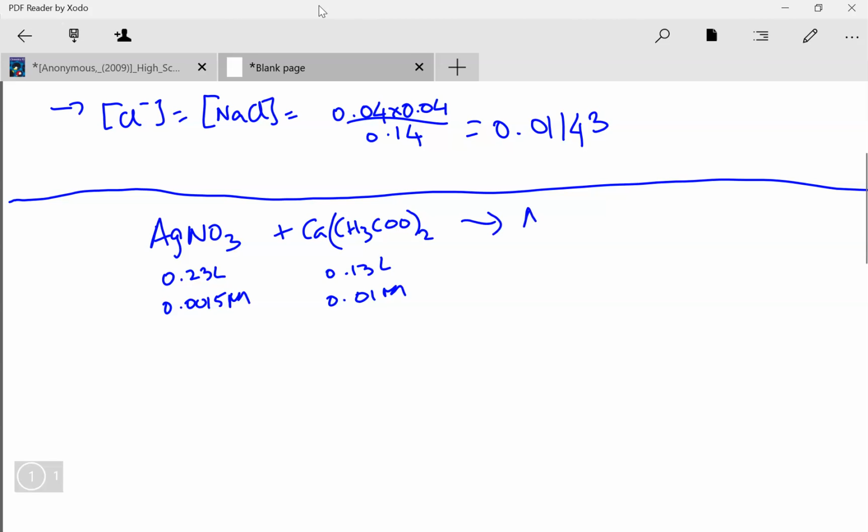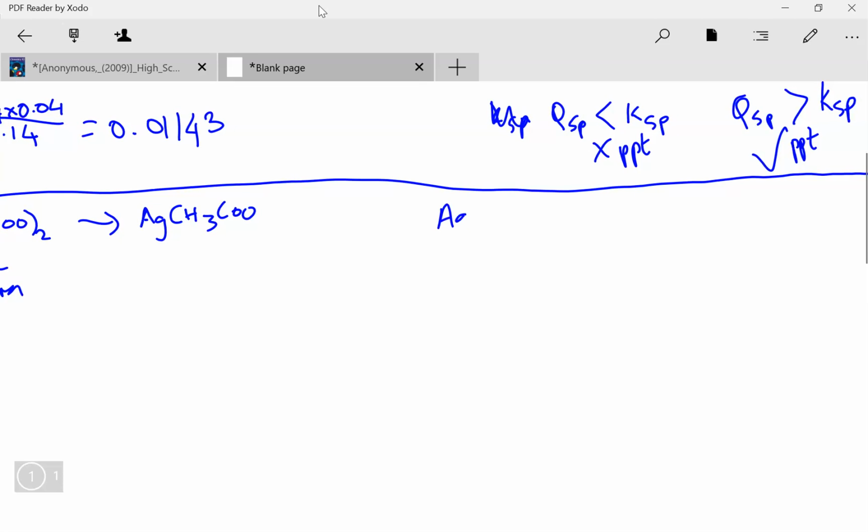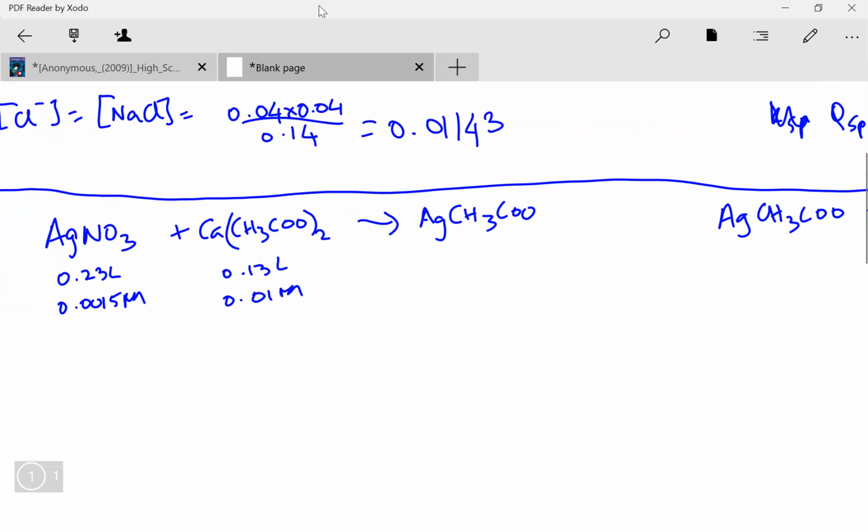Again, we know that our interesting precipitate here is the silver acetate, which we need to break down into its ions, silver plus and acetate minus. We'll have a good 1:1 ratio.